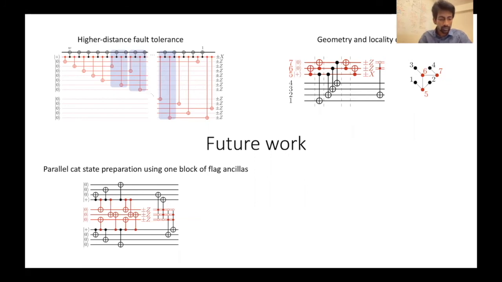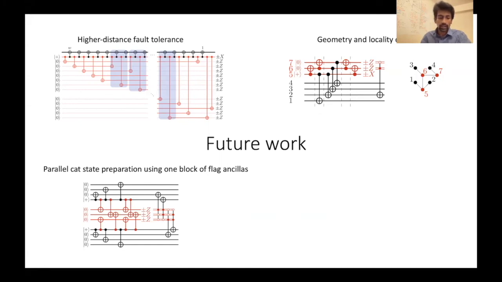So an open question here is, can you make 3 weight 4 cat states fault tolerantly to distance 3? Can you make n cat states fault tolerantly in parallel using one block of flag ancillas? And the answer is yes, but there aren't any actual upper bounds on any of these questions just yet. So that's a big open question.